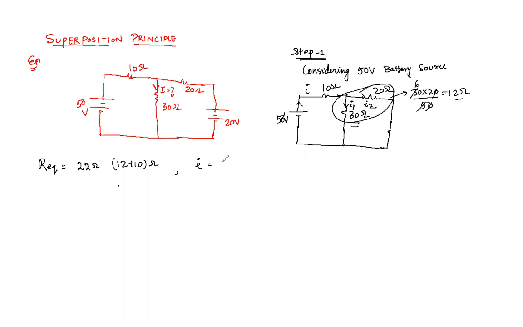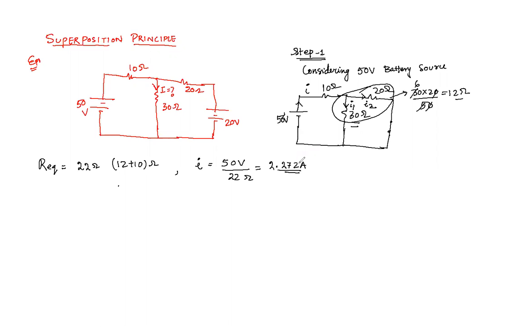So I is equal to 50 volt divided by 22 ohm. 50 by 22 comes out to be 2.272 ampere. But this is the total current, right?